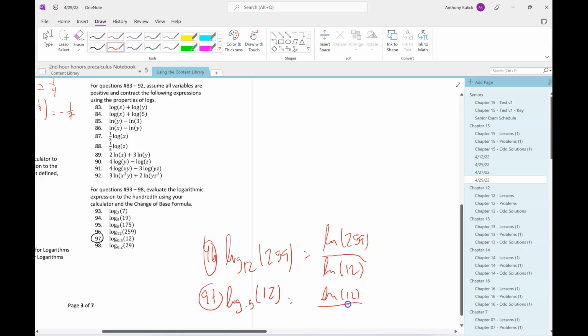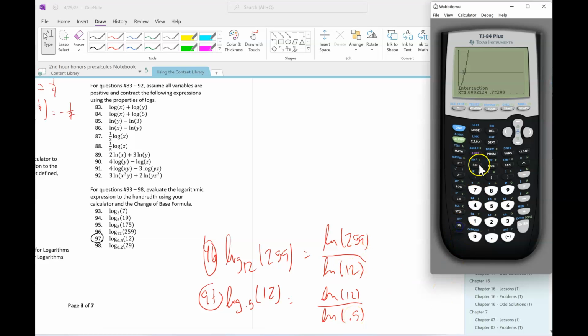I usually pick the natural log because it's one less letter to write. And then I just type that into my calculator. So that's it. No problem.